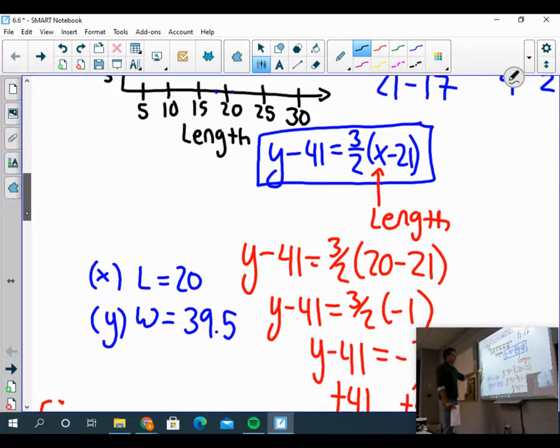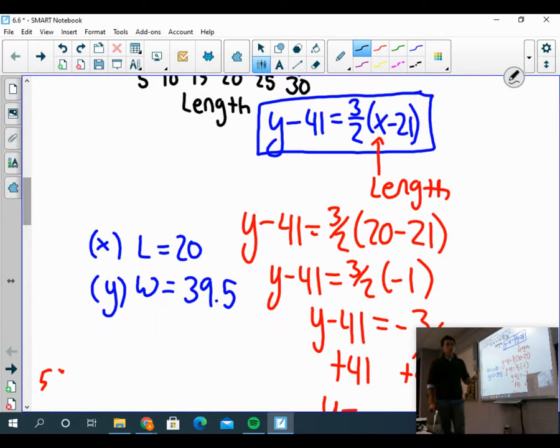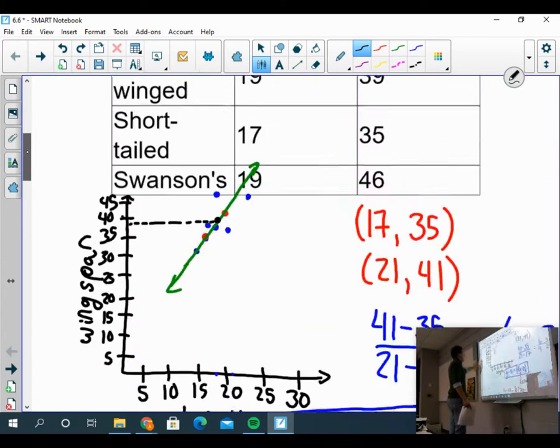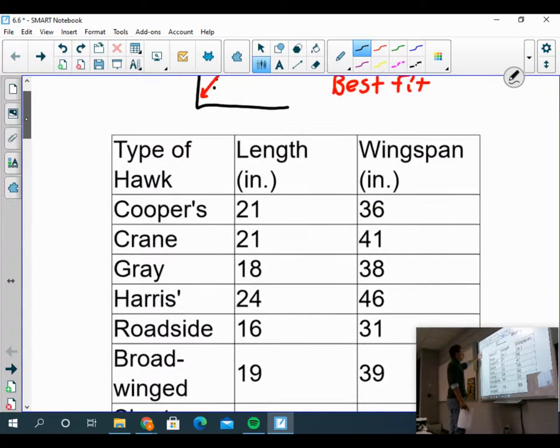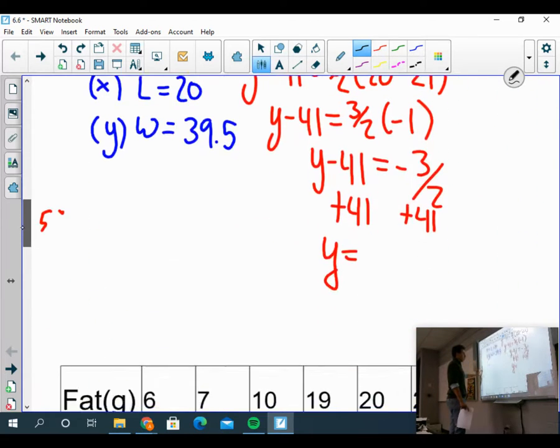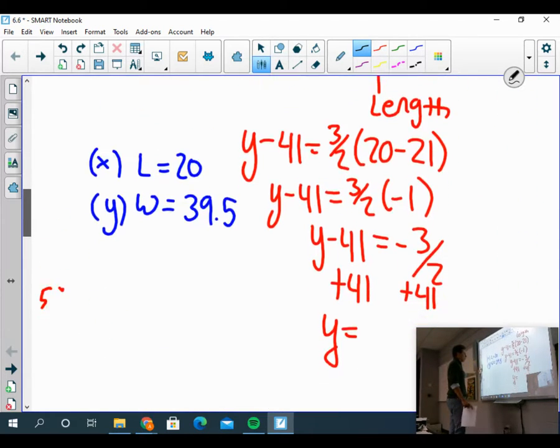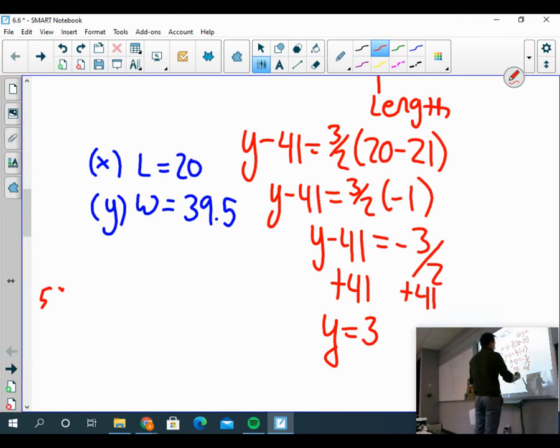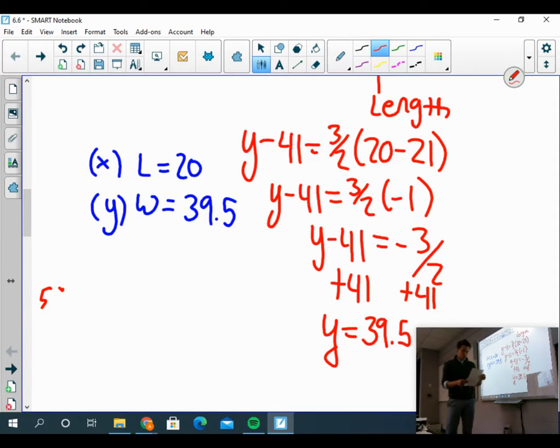Then we said we could use that equation for a line to estimate for a data point we don't know. Maybe there's a hawk out there that has a length of 20 inches, and we want to know what the wingspan would probably be. And if we run our math through, we find that we get 39.5 for the wingspan. Okay, so some cool applications here.